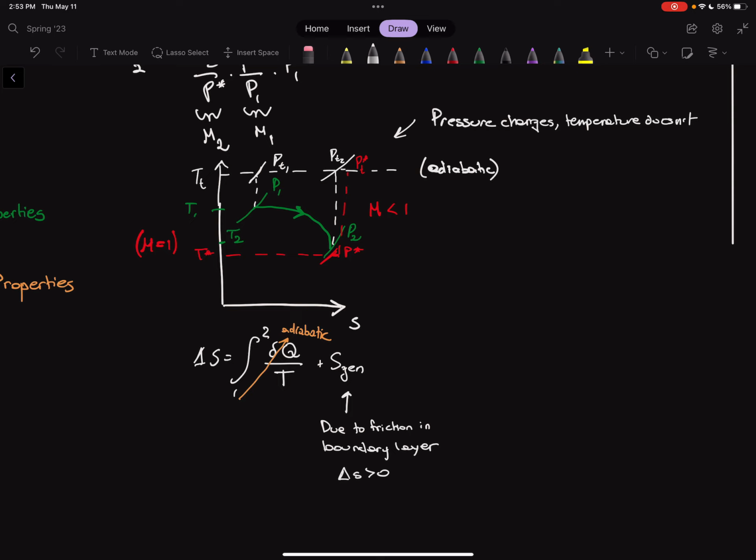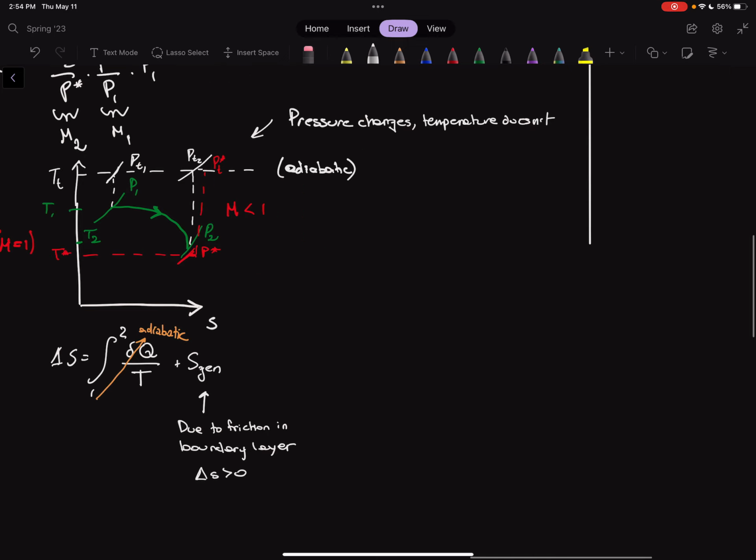Now, if you are supersonic here, supersonic converging, the Mach would decrease, right? Yes. If the Mach decreases, the static temperature will increase. So if we do the TS diagram for the supersonic case, I would have TT still here.